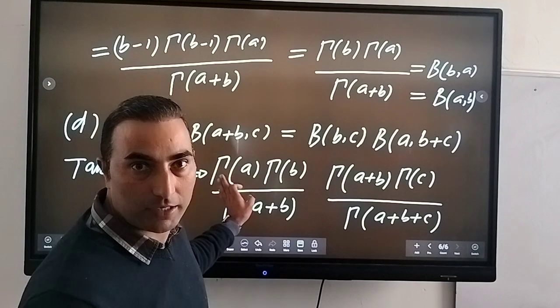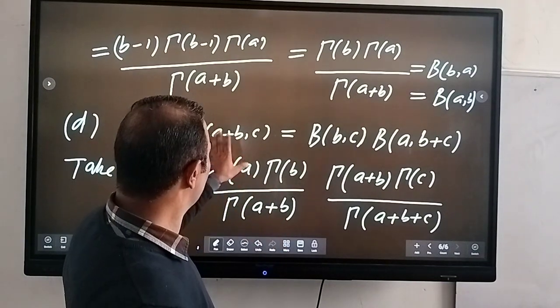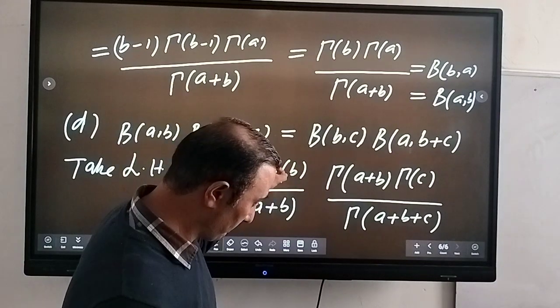The second beta function is beta of A plus B comma C.